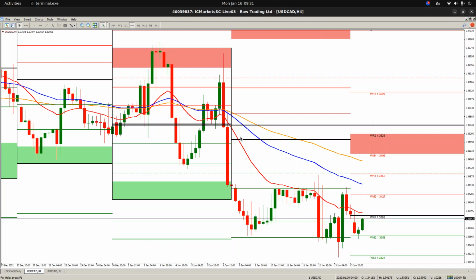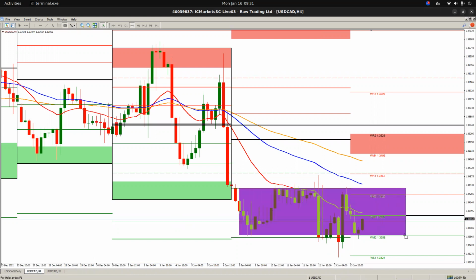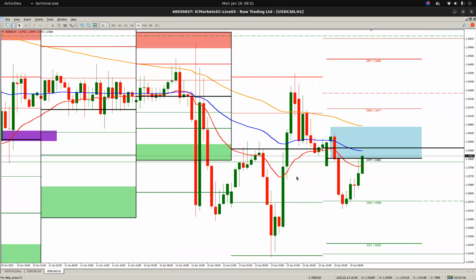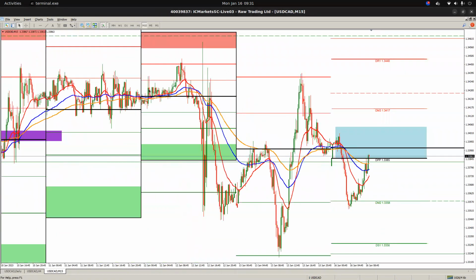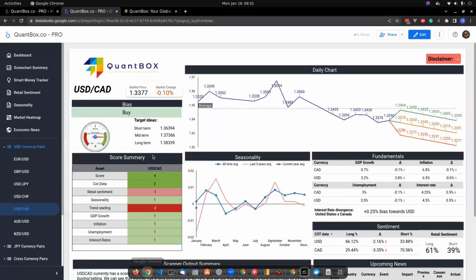So what I'd like to do here is, if you're going to trade the range, you're either buying at the bottom of the range or you're waiting for price to break out and pull back to the top of the range. Alternatively, if you are currently looking to buy this as it stands right now, you need a higher high, higher low on an M15 time frame. Okay, you can see right now, we're not really getting those, okay? So until you get that, you leave it alone. Why? Because you avoid trading this nasty consolidatory type of range, okay?